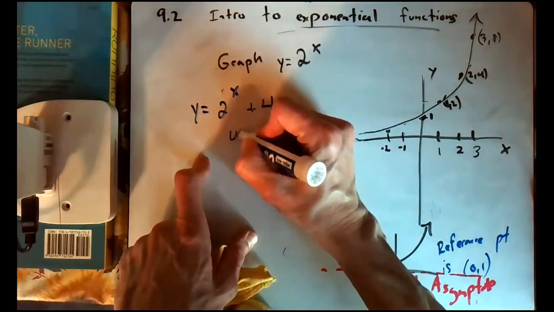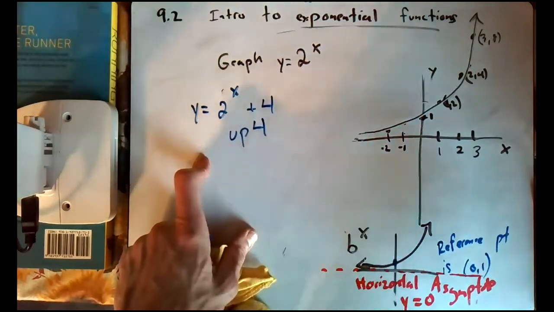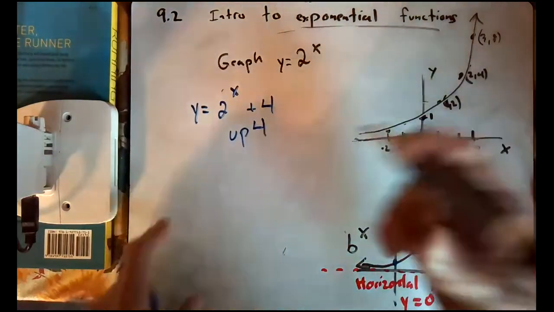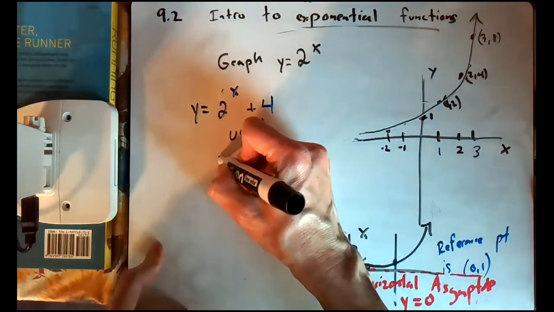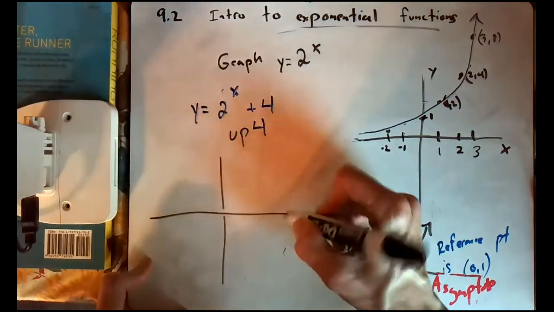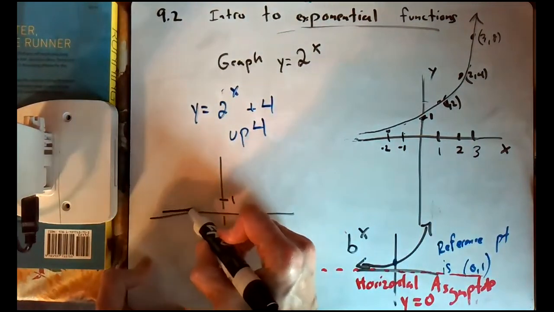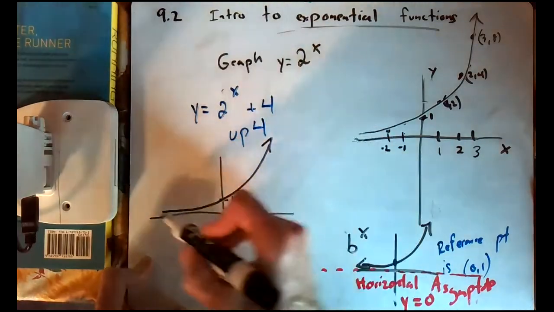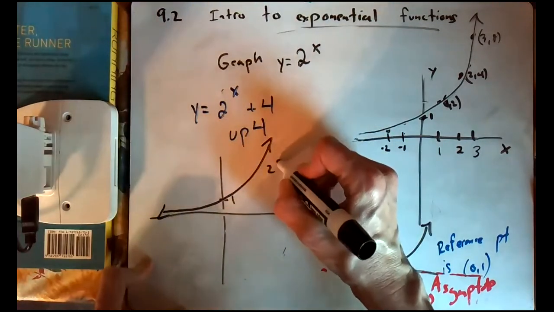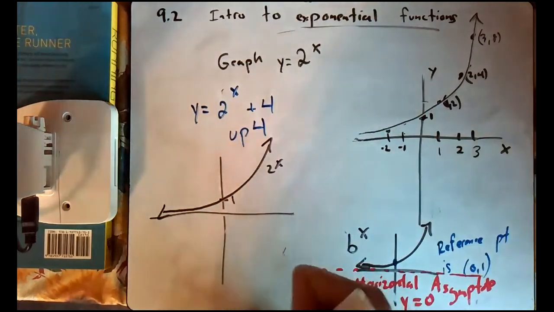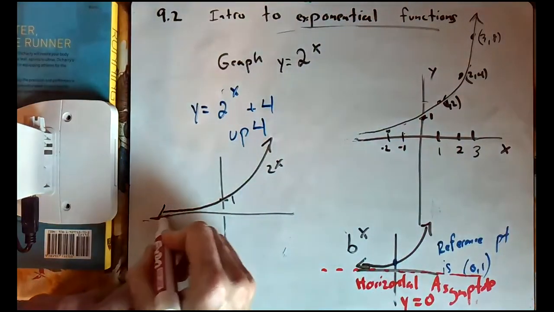So we would go up 4. Where would we go up 4 from? Well, let's use that reference point. I'm just going to call this 1 right here. This is our base function, right? This is 2 to the x right here, and it has that horizontal asymptote of y equals 0.